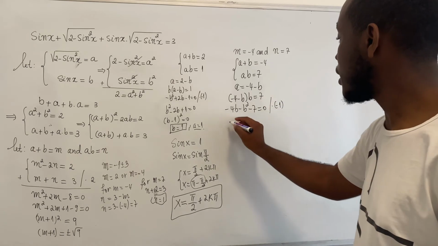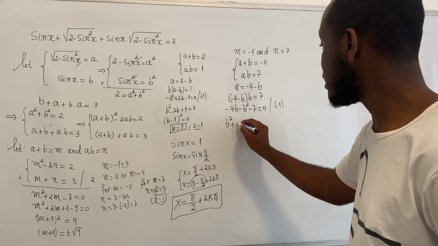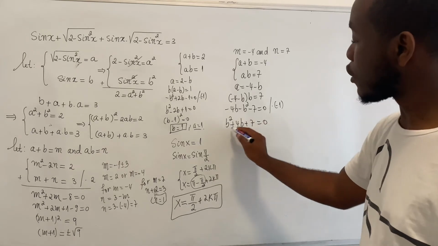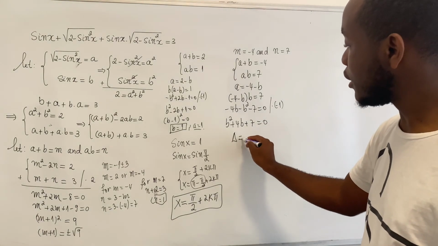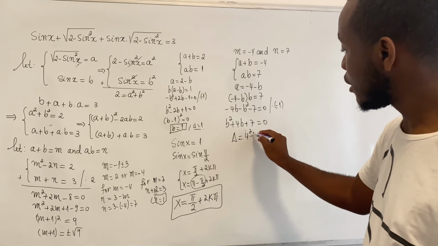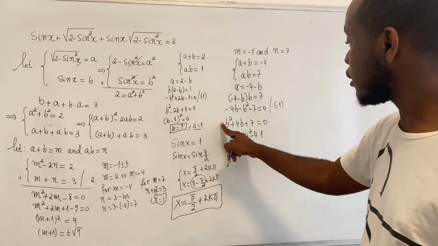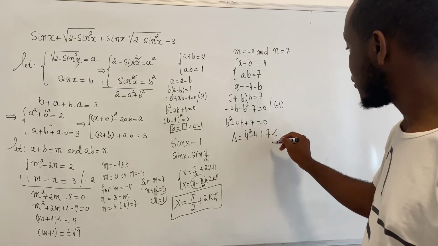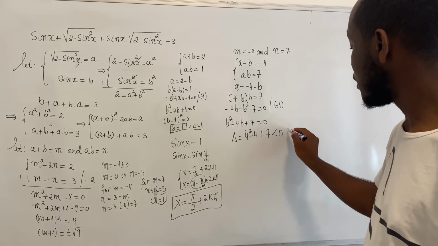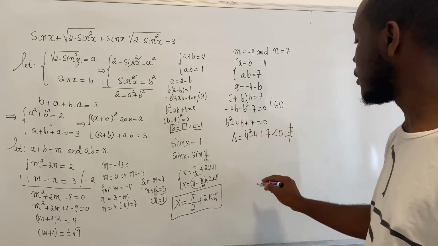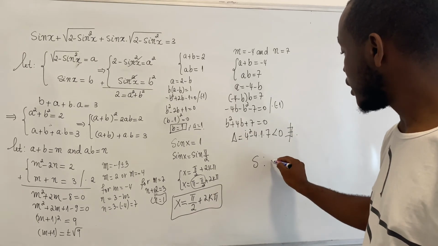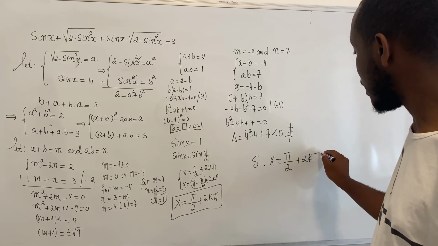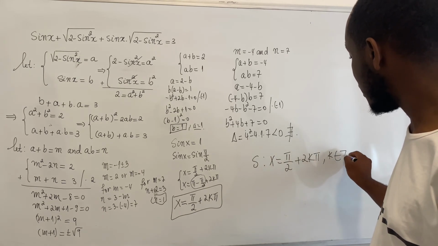Multiplying by negative 1, we have b squared plus 4b plus 7 equal to 0. If we find the discriminant, delta, we have 4 squared minus 4 times the coefficient and the constant, and this is going to be less than 0, so it doesn't exist in the real numbers. Therefore, the only solution is simply x equal to pi over 2 plus 2k pi, where k is an integer.